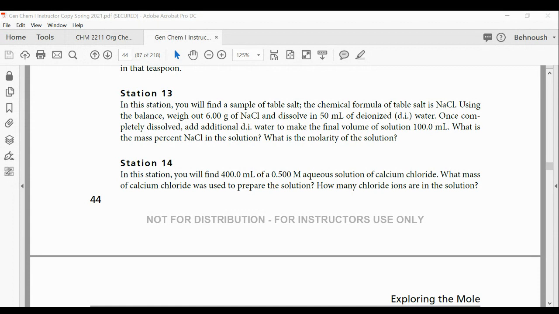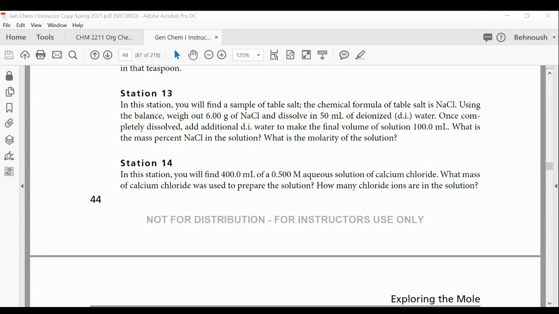When I work the problem on the board, I use everything as a whole number, except for chlorine, because chlorine is 35.45 and I just rounded it up to 35.5. Otherwise, the calculation is going to be off. Like for molar mass of NaCl, Na is 23 from the periodic table, and Cl is 35.5. So when we add the 2, it's going to be 58.5. That's the number of grams per each mole of NaCl.